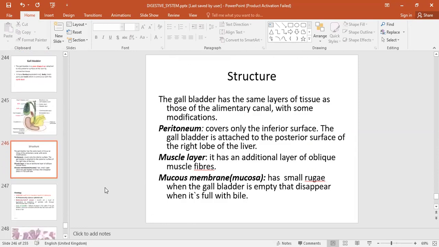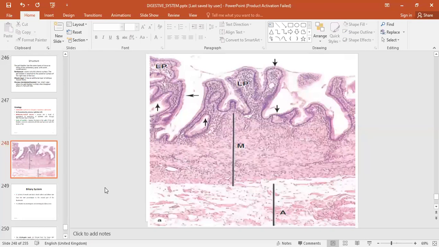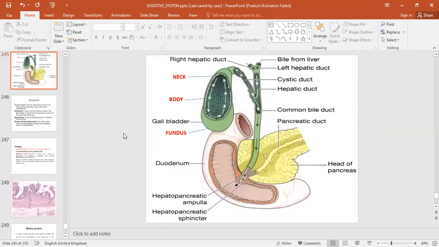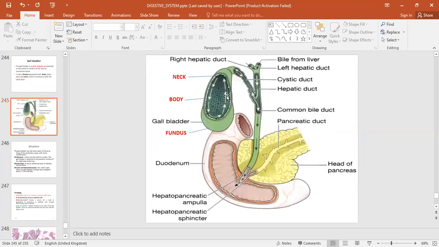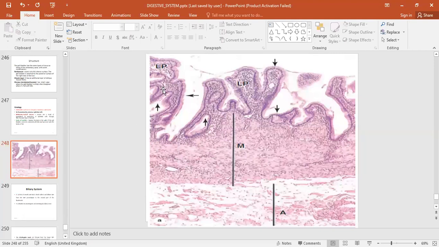Okay. So in terms of histological features, we say the inner lining of the gallbladder is highly folded, more like the stomach. So it has rugae as well. It has these folds, like you can see. Then similar to the general structure of the digestive system, where you have mucosa, submucosa, and muscle layer, then finally adventitia.